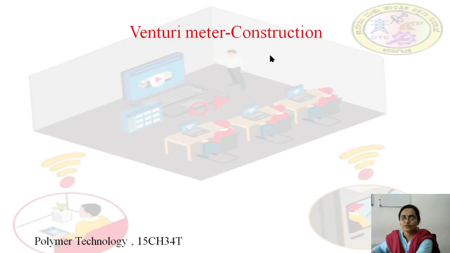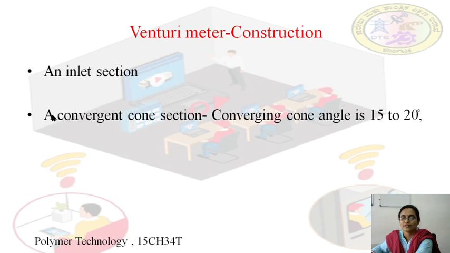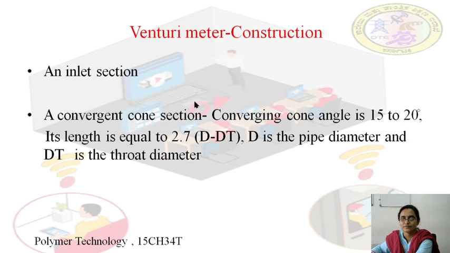Now we come to construction. As explained in the figure, it has an inlet section and a convergent cone section. The converging cone angle is 15 to 20 degrees. The length of the converging section is 2.7 times D minus dt, where D is the pipe diameter and dt is the throat diameter.